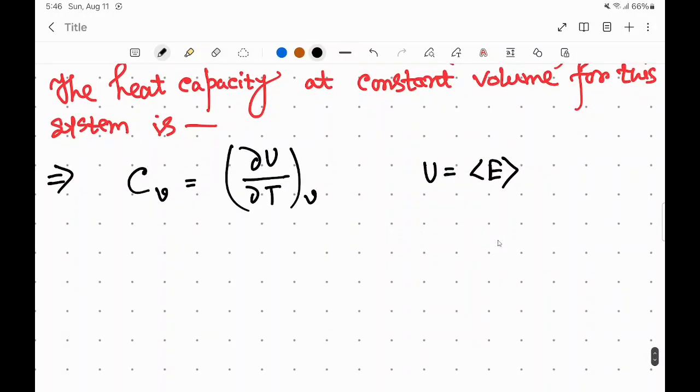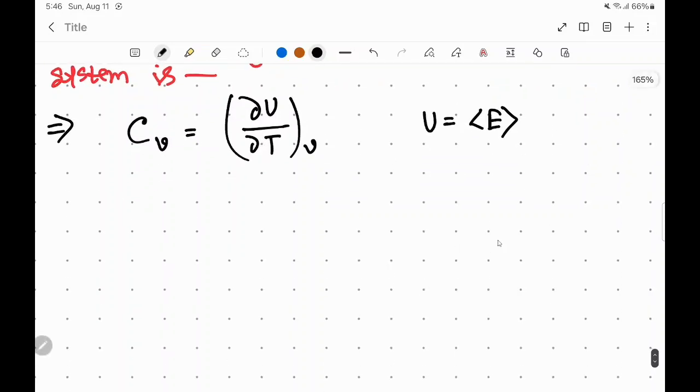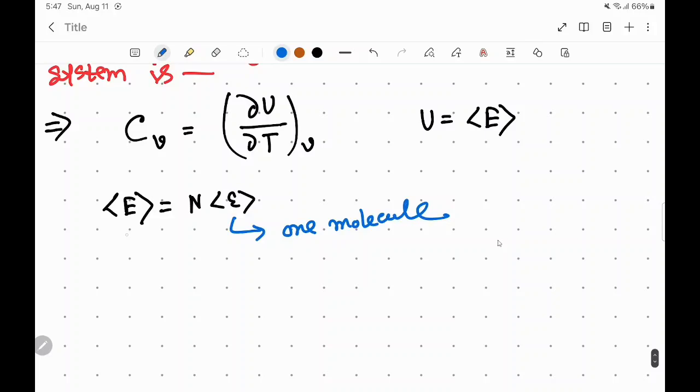So U is N times the average of E. Summation n_i E_i is not the average of E, that is the total. Capital N is the total number of molecules; the average is for one molecule, and this is for the total system.